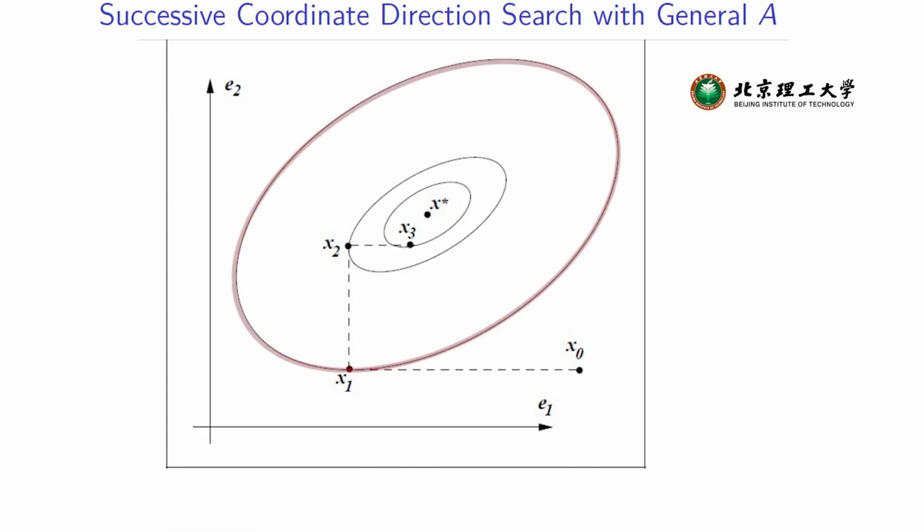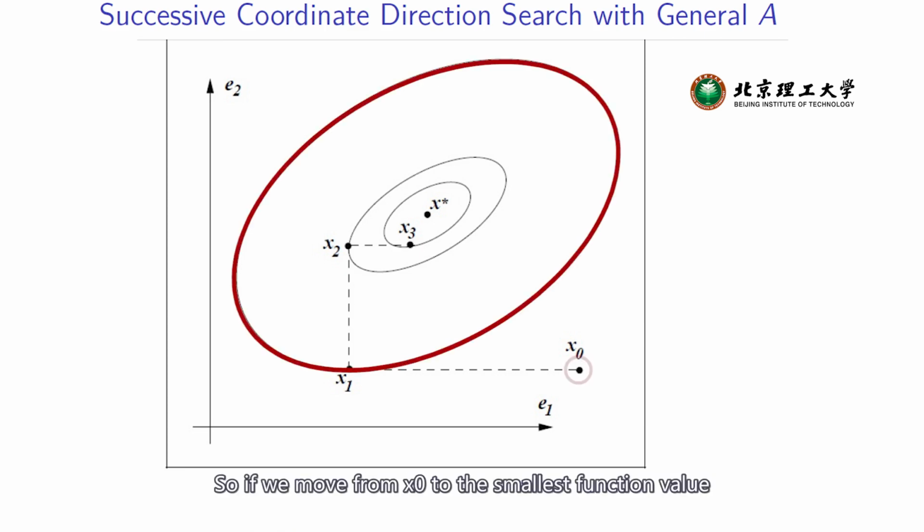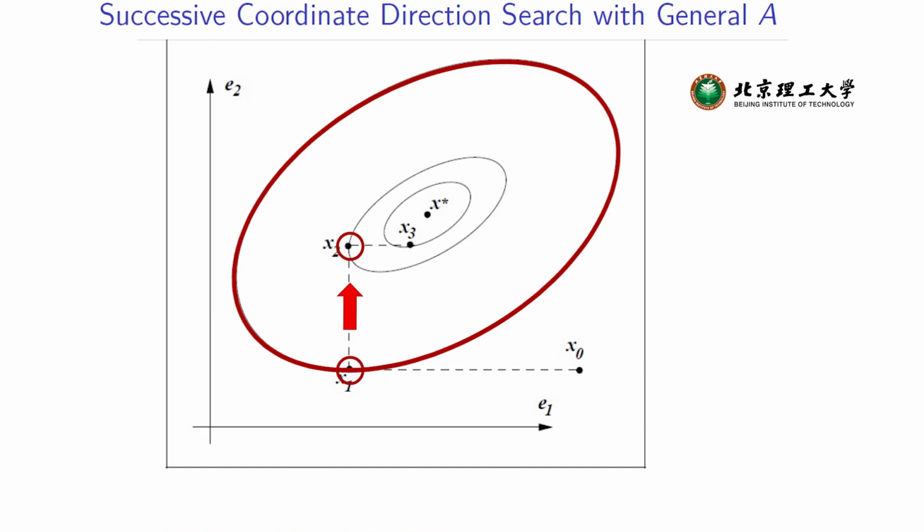If we move from x0 to the smallest function value along the first coordinate direction to get x1, then move along the second direction to get x2, we are still far from the minimizer. So in this case, we need to do some transformation in order to have the finite termination property.